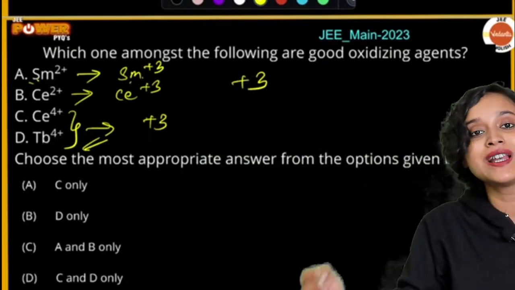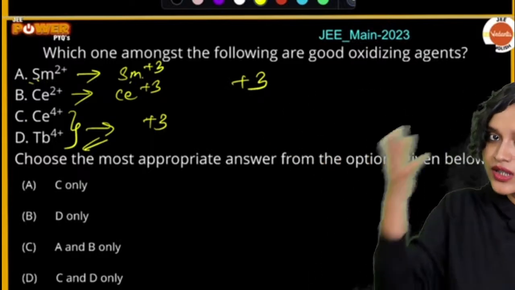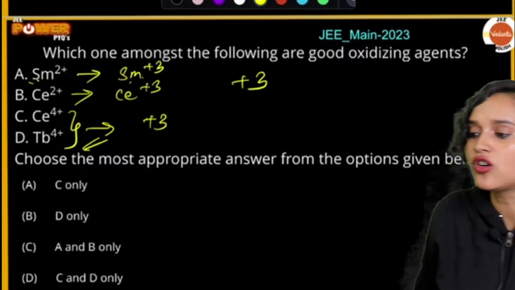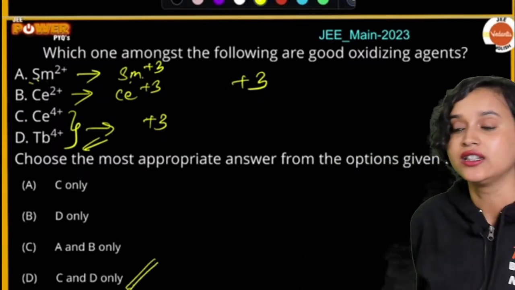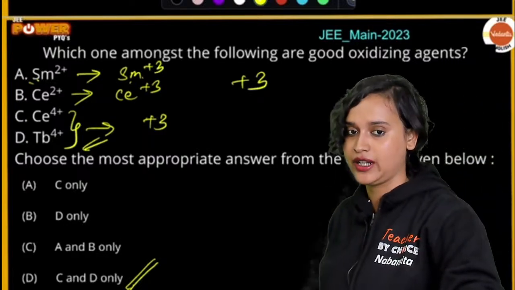From +4 to +3, they are gaining one electron. So these two are going to be your oxidizing agent. That means option C and D is the correct answer. Very good, everybody.